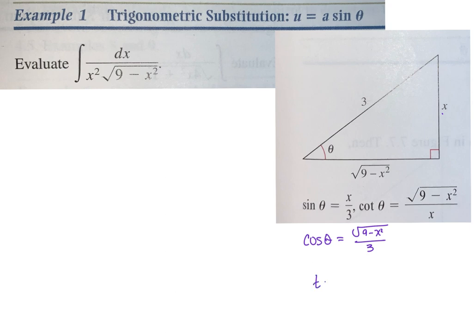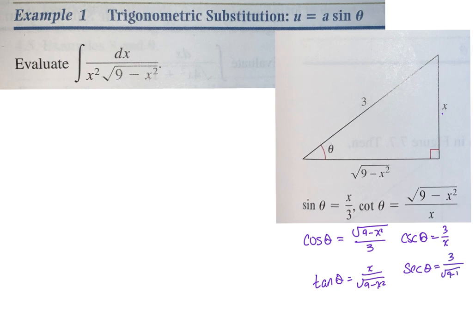Your tangent is opposite over adjacent. Then you will see your other three functions. They've listed the cotangent. The cosecant is going to be opposite your sine, and the secant will be opposite your cosine.